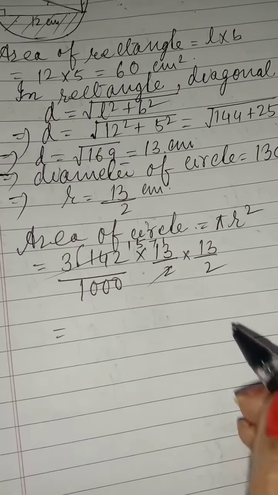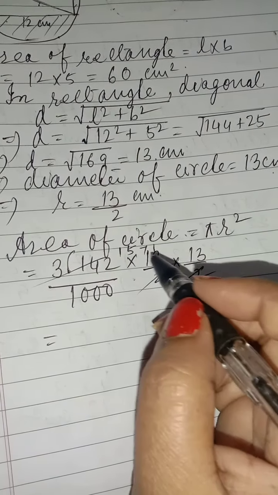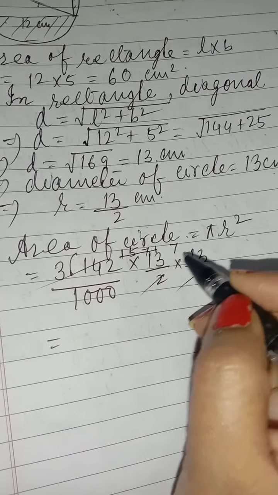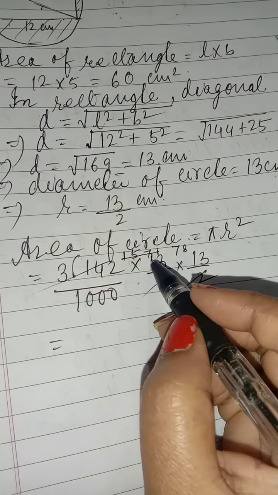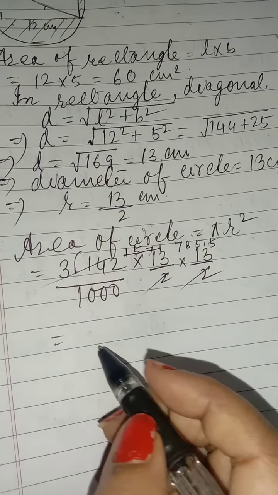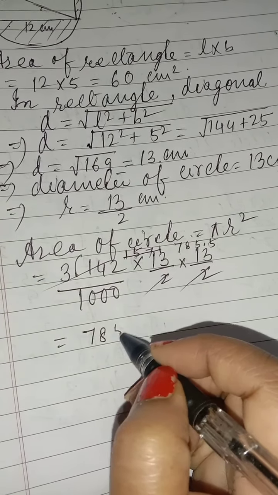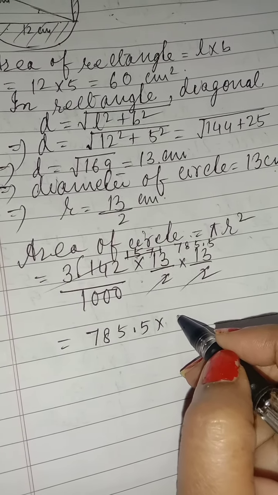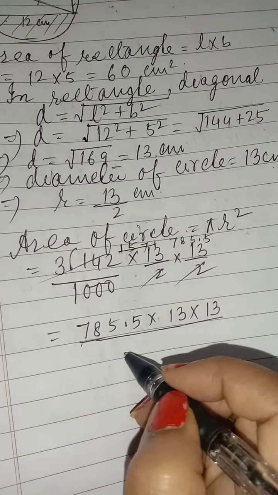Now by one more 2 we can cancel here. 2 sevens are 14, 2 eights are 16, 2 fives are 10. So it is 785.5 into 13 into 13 by 1000.